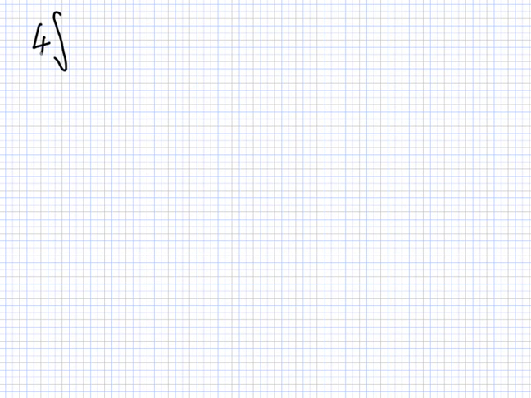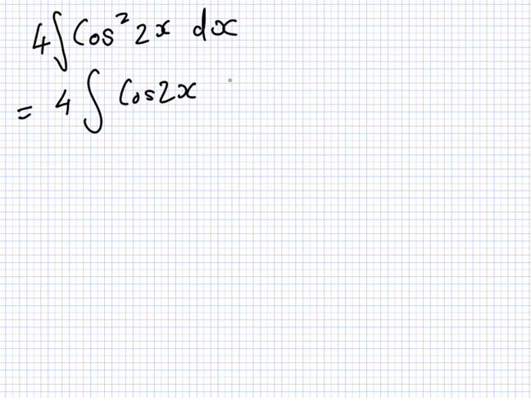For example, we want to integrate 4 cos squared 2x dx. In this lesson, there'll be one new formula which I'll show you in a moment, but most of it is done by substitution. So if I want to do a problem like this, I can change it into 4 cos 2x cos 2x dx.